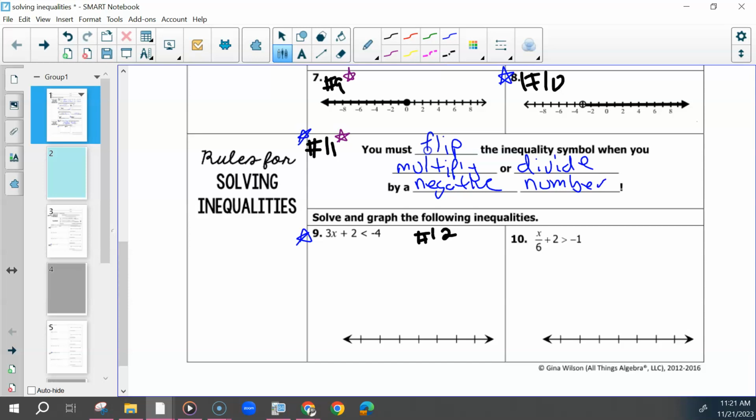So if at the end you're solving, I'll give you examples. If you have something like negative x is greater than 6, when you divide by negative 1 on both sides, the sign changes directions.